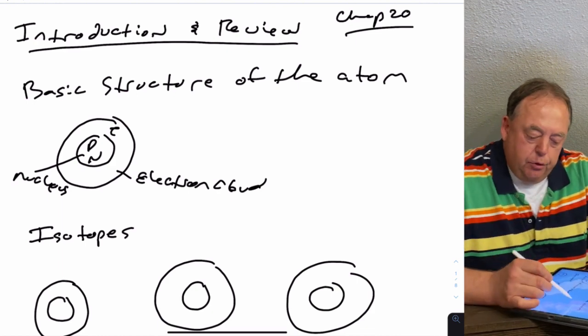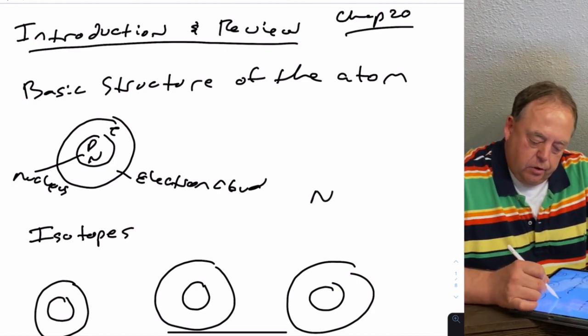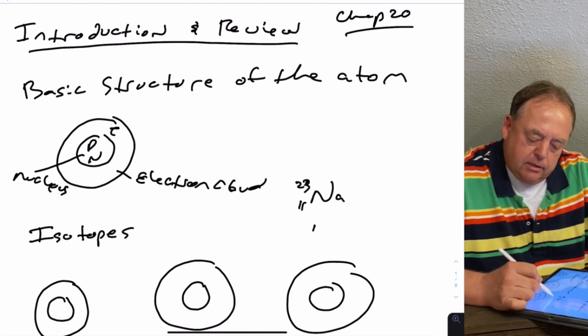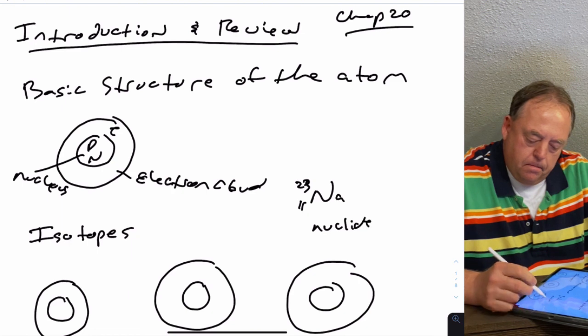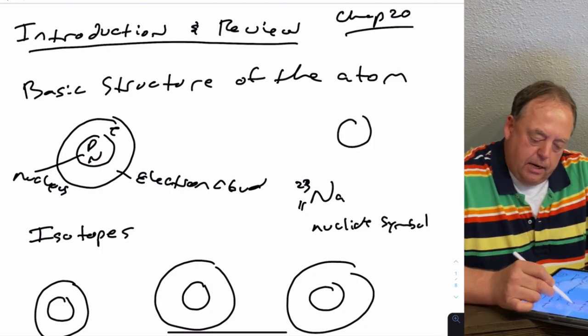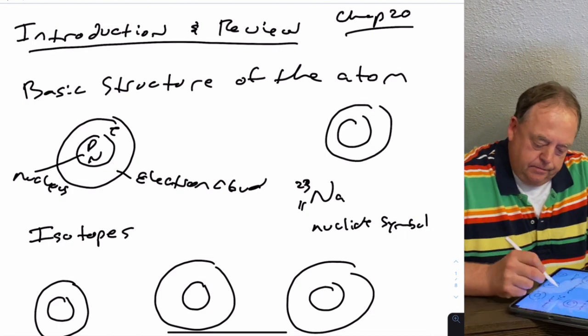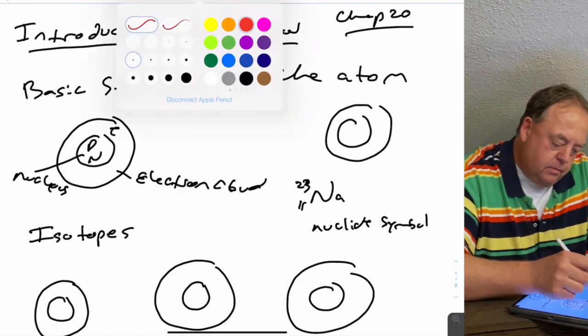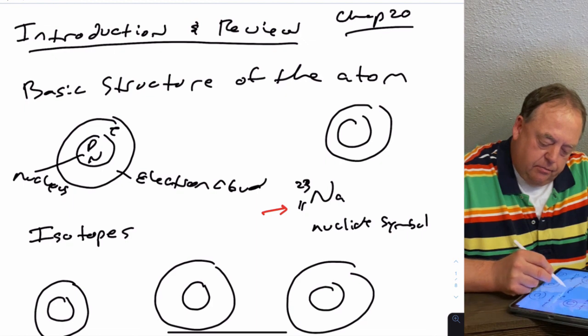So you can write a nuclide symbol, right, for sodium, 23 11, so that would be a nuclide symbol. And if you remember how to interpret nuclide symbols, the bottom number is the number of protons.